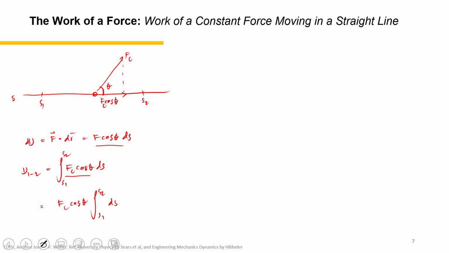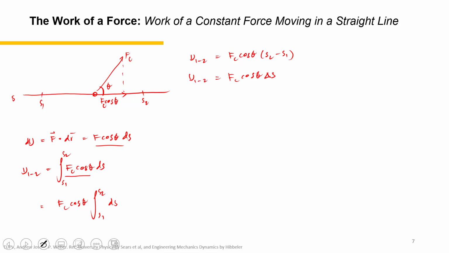And now we can integrate this one. This would result in the work from point 1 to point 2 equal to Fc cosine theta times (S sub 2 minus S sub 1), or simply we can write Fc cosine theta delta S. So this is very familiar.